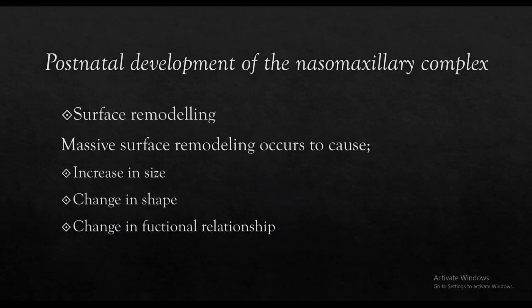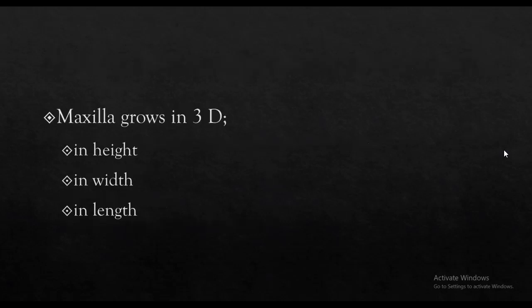In addition to the sutural growth, massive surface remodeling occurs to cause increase in size, change in shape, and change in functional relationships. Maxilla grows in the three dimensions: in height, in width, and in length.